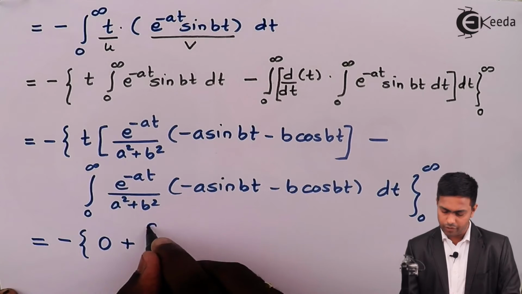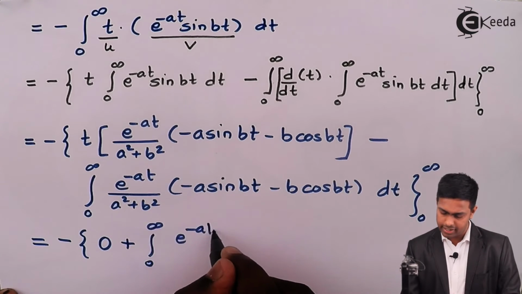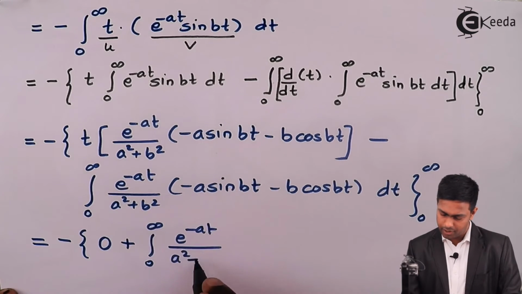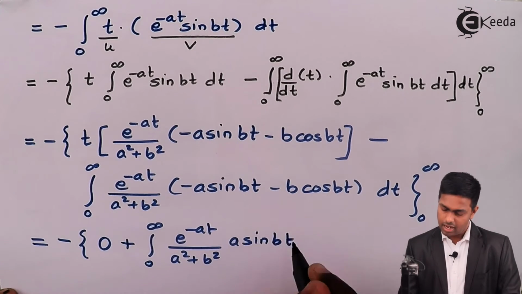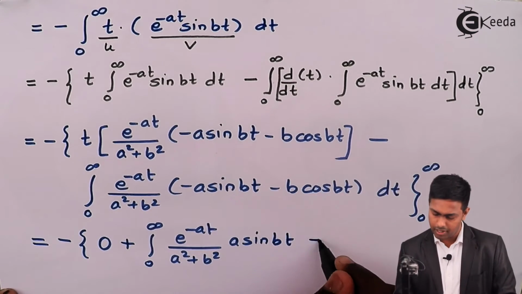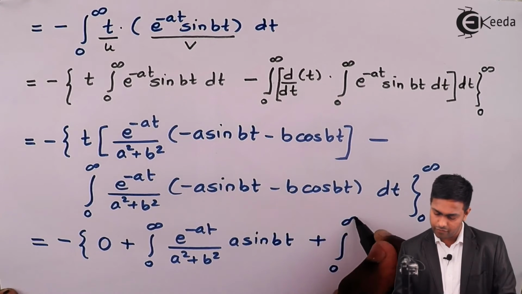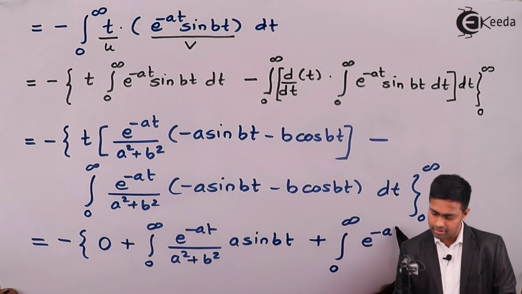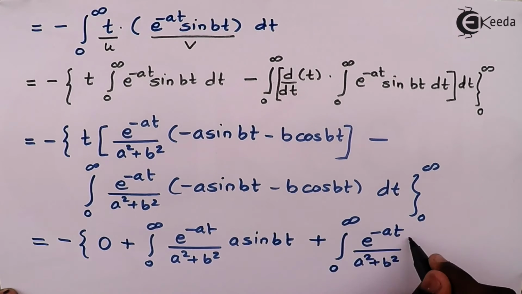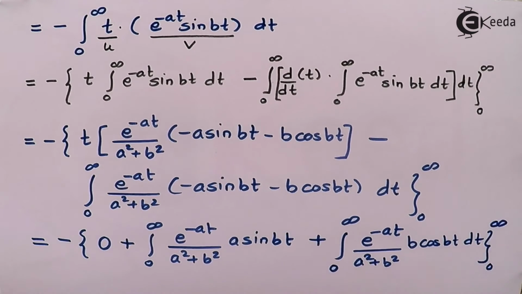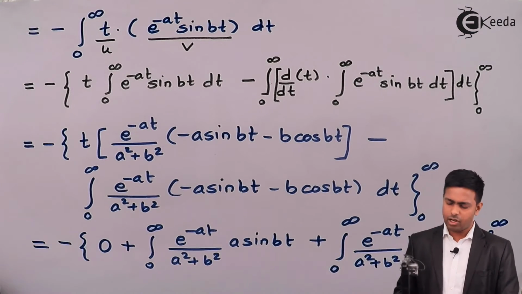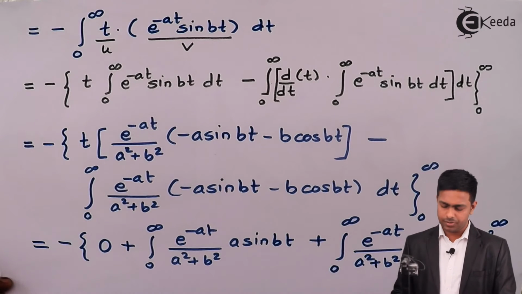Integration is from 0 to infinity e raised to minus at upon a square plus b square, a sin bt, and this minus minus again becomes plus, integration 0 to infinity e raised to minus at upon a square plus b square, b cos bt dt from 0 to infinity.